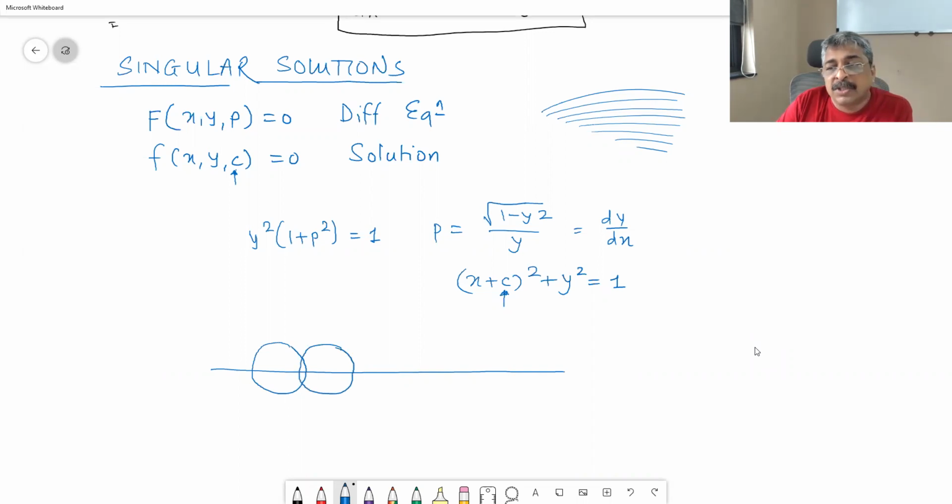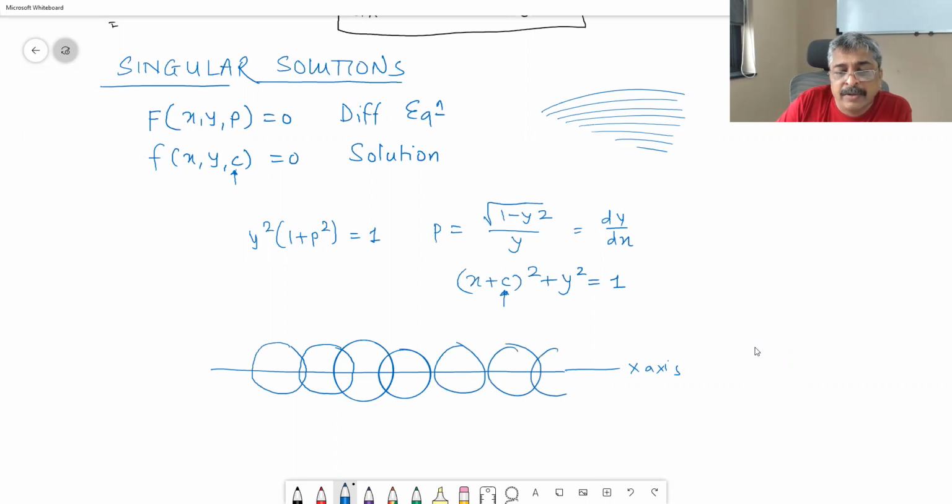What is this c now? C is the x coordinate of the center. This is the x-axis. So there will be all congruent circles with different values of c, and that is the solution of the given differential equation.